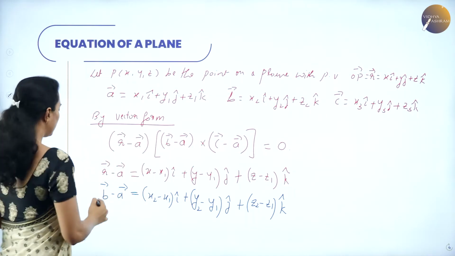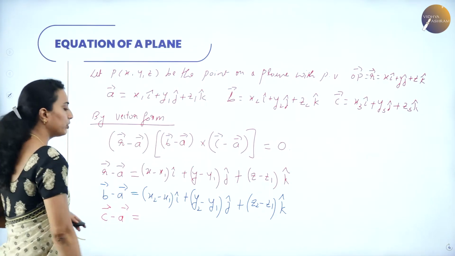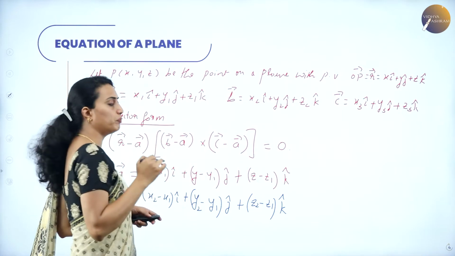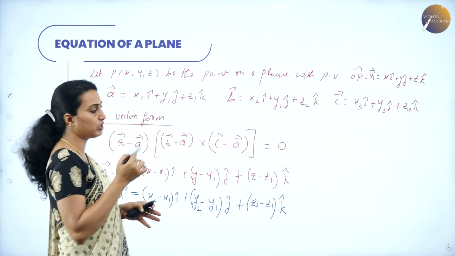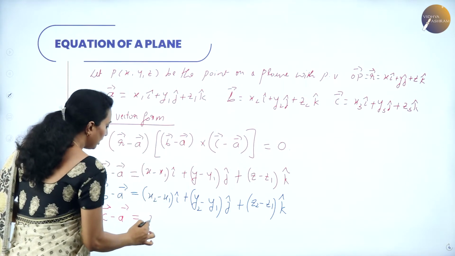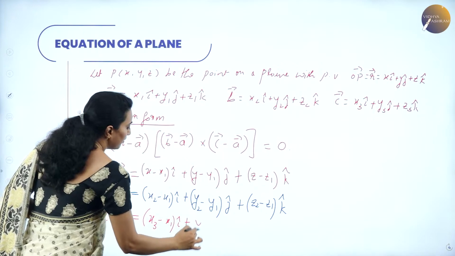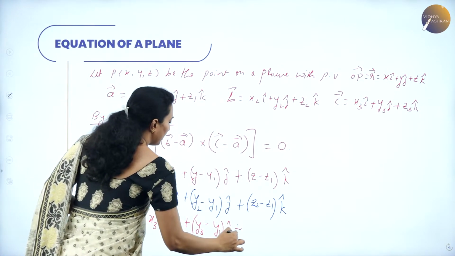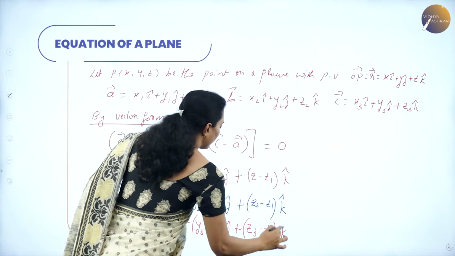Similarly, what is C vector minus A vector? See, C vector is x3i plus y3j plus z3k, and A vector is x1i plus y1j plus z1k, minus that. So, x3 minus x1 into i plus y3 minus y1 into j plus z3 minus z1 into k.